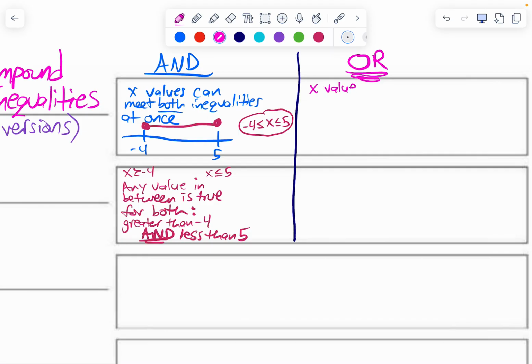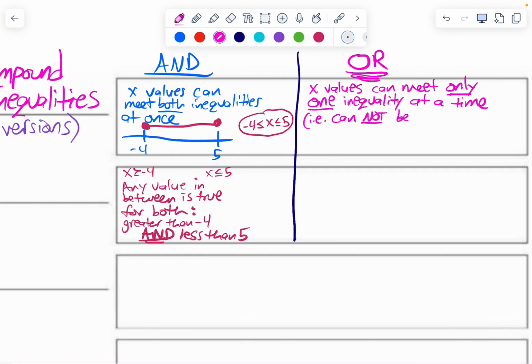All right. For the "or" case, x values can meet only one inequality at a time. Or in other words, cannot be both at once. So let's make up one of these.